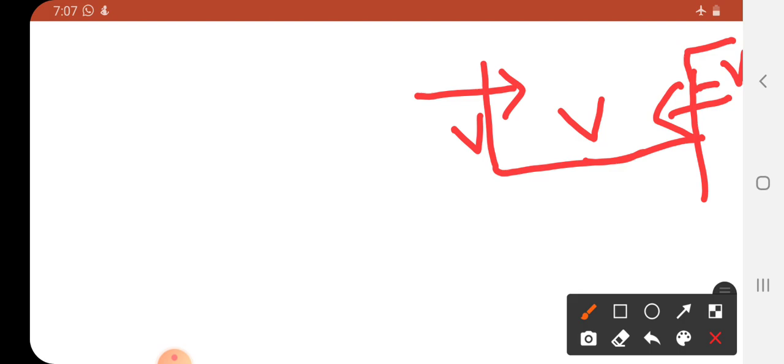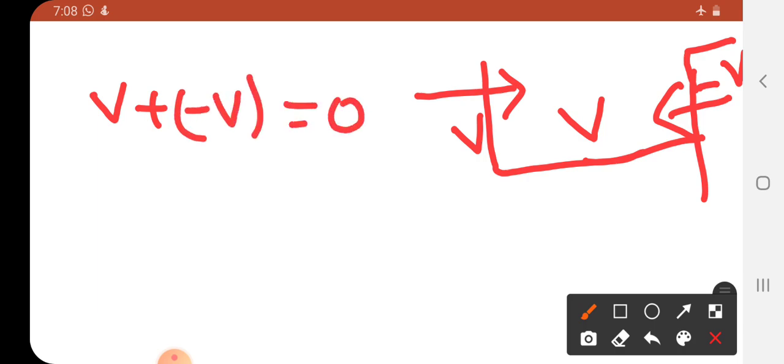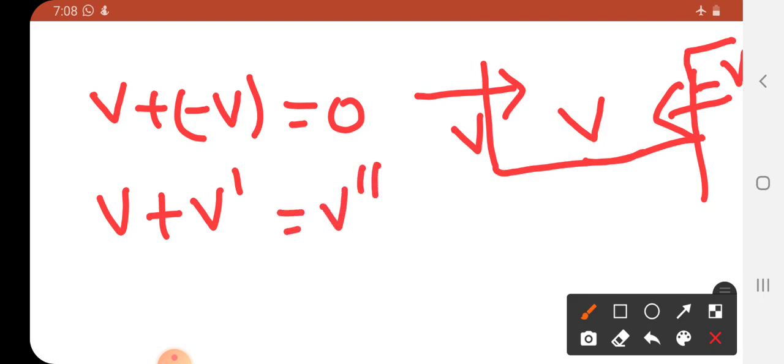That is a short circuit. So V plus minus V is equal to 0, or V plus V dash is equal to V double dash.